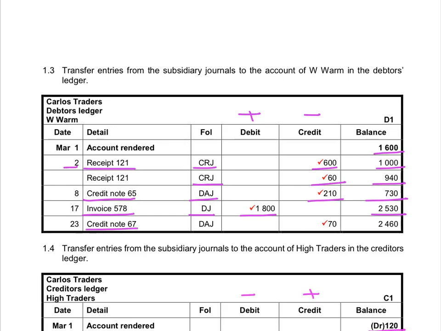We issued a credit note in the debtors allowances journal, which will reduce his account on the credit side with 70. So 2,530 minus 70 will give him an outstanding balance of 2,460. So for every debtor, we will have a separate account in the debtors ledger, and for every creditor, we will have a separate account in the creditors ledger.